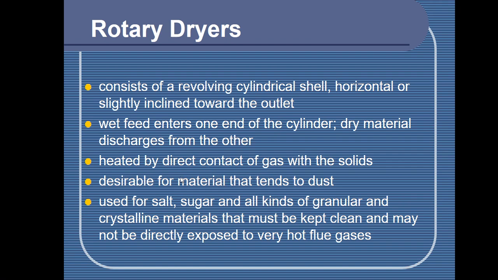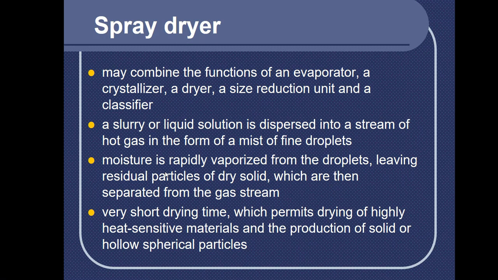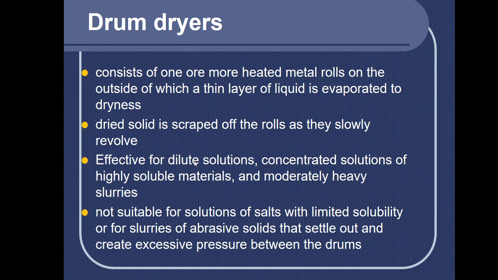Whereas in the case of the drum dryer, it's not direct contact with the gas, but rather you have a concentrated solution of highly soluble materials which are being concentrated through the evaporation of a thin layer of liquid.